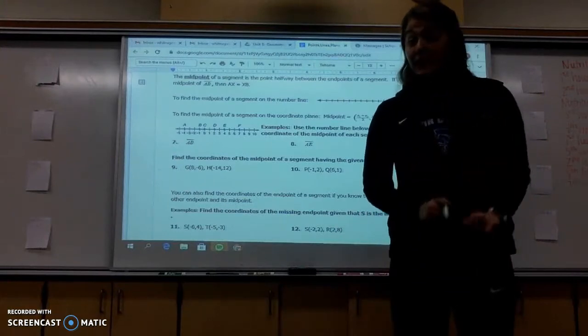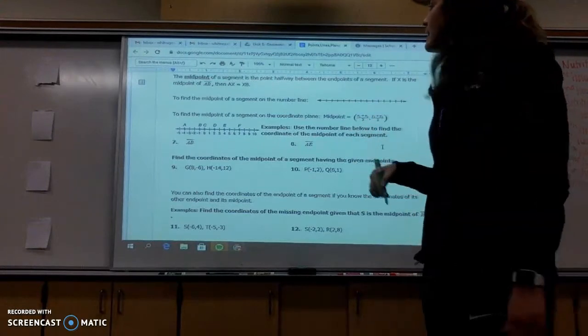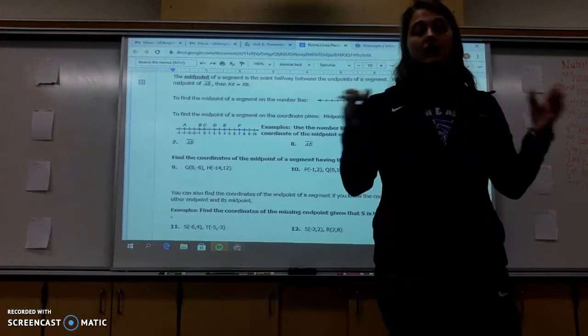All right, midpoint, okay? The word mid means middle, right? So when we talk about a midpoint of a line segment, it means the center, the point that's right in the middle of our line segment.